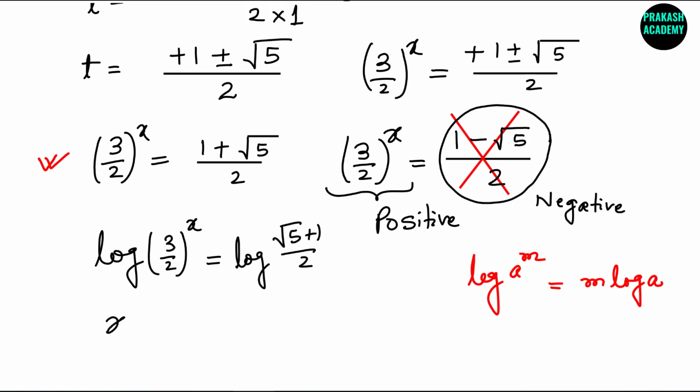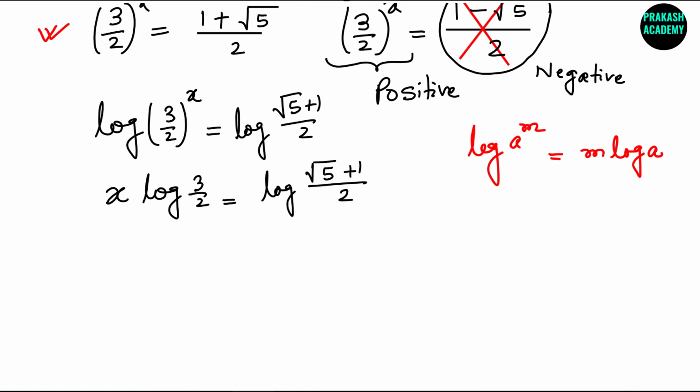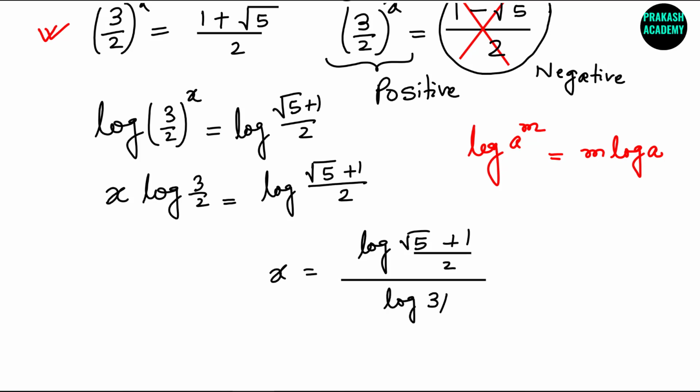So I can write x log (3/2) equals log of (root 5 plus 1) by 2. So from here x equals log of (root 5 plus 1) by 2, divided by log (3/2).